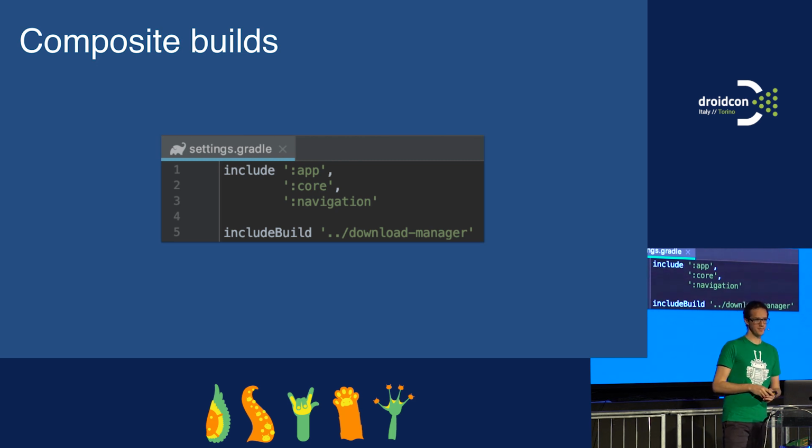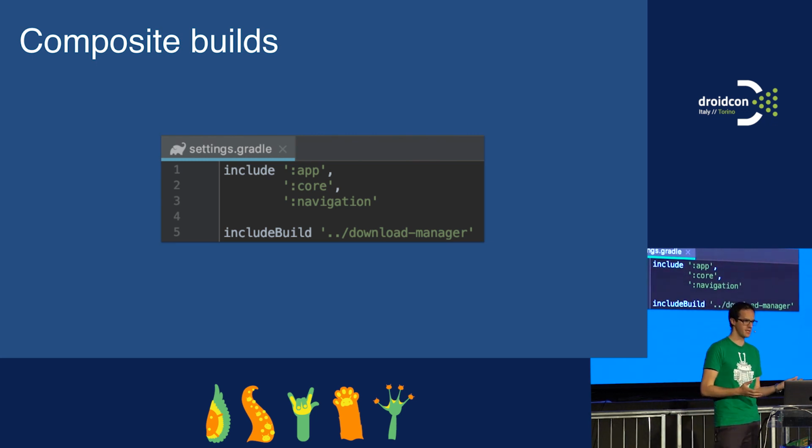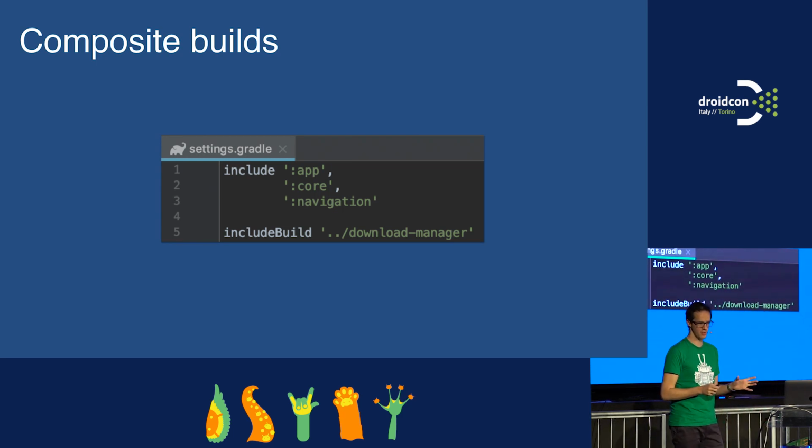As the name suggests, it's a way to introduce in the same project multiple builds that were supposed to be independent, like in this case. If we add this include build in the settings.gradle of our client application, we can specify a relative path where a library project's source code is located, and the two builds are going to be connected together.